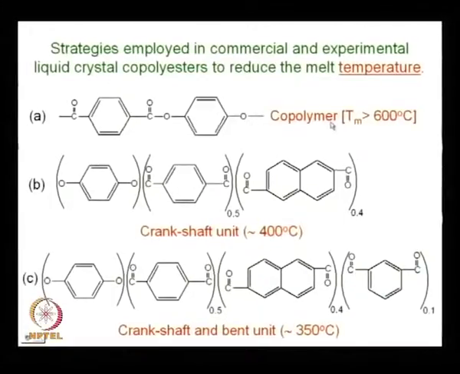Otherwise, if you try to melt this polymer exposed to air, it will degrade, decompose prior to melting. That means, you cannot visualize its melting phenomena. In order to visualize its melting phenomena, you have to heat this polymer under inert atmosphere, and that is again higher than 600 degree Celsius.